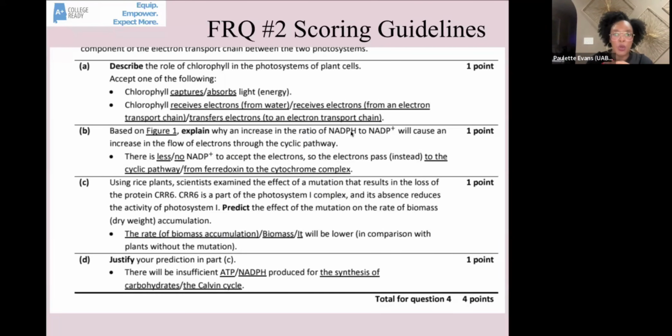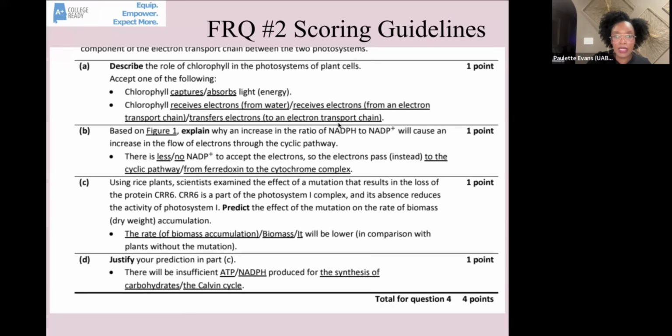But if you increase the ratio of NADPH to NADP plus, that means you have all of your electrons locked up in NADPH. Remember, NADPH is your with-electron form. NADP plus means that you can accept electrons.